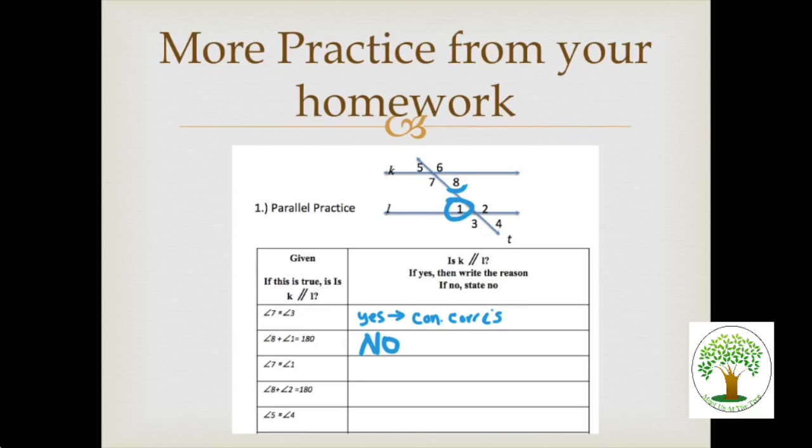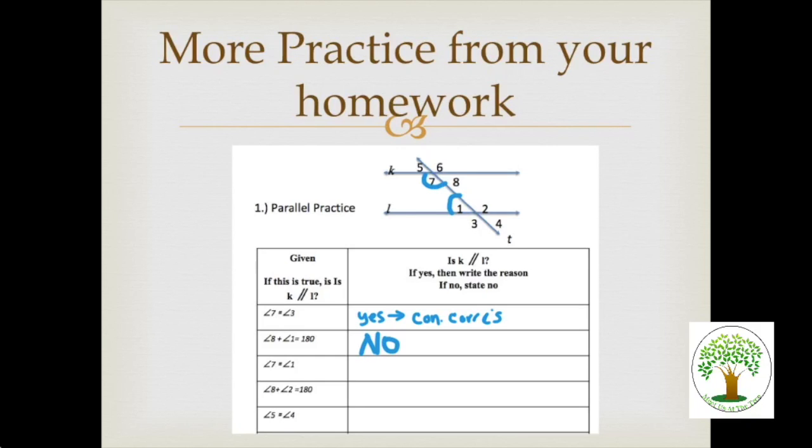I'm going to now erase my markings up there because they don't apply. I'm going to move down to 7 and 1 being congruent. I have to mark them for my own eye. 7 and 1: if they're congruent, are those lines parallel? What kind of angles are those, Brett? Same side interior. Is she right?